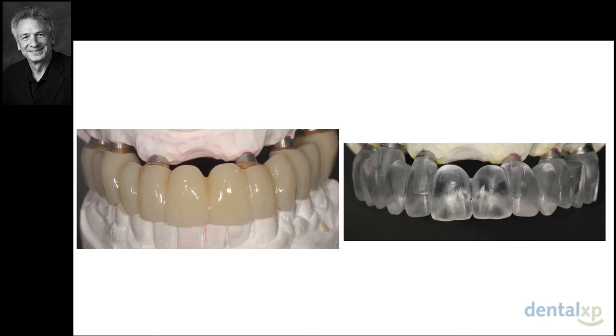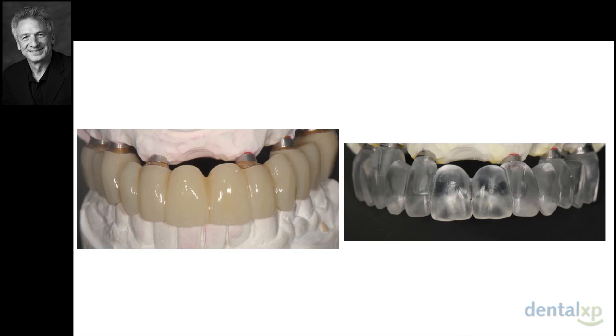I take the prototype, I can try this in the patient's mouth, I can make adjustments in it, and we can take this, send it back to the laboratory, and it becomes a form that the laboratory will then copy mill or just CAD/CAM, and we can go literally right to the final restoration.